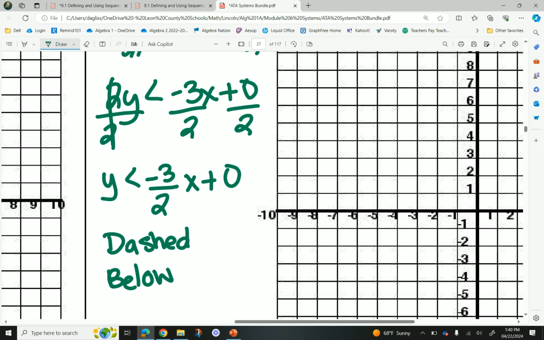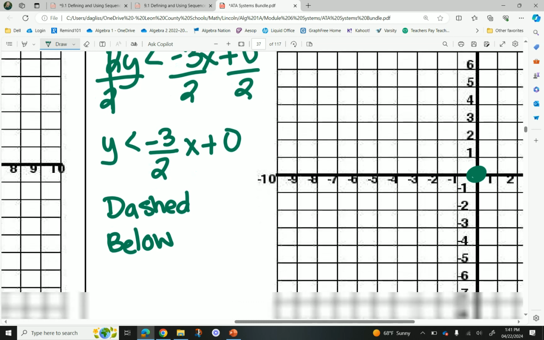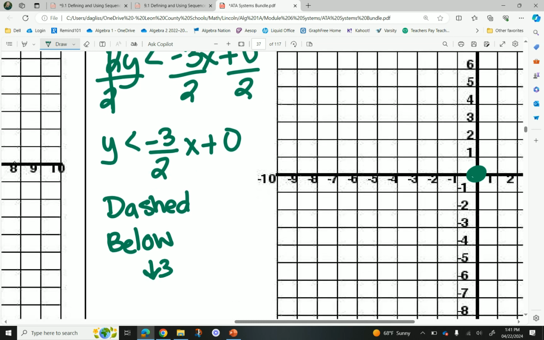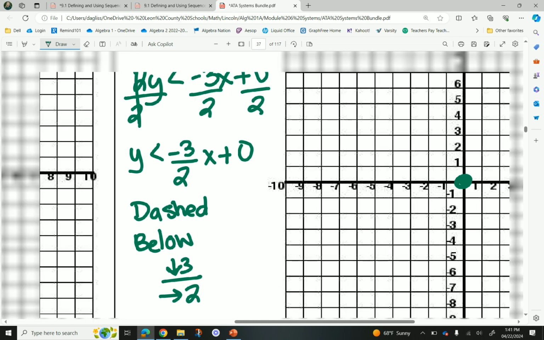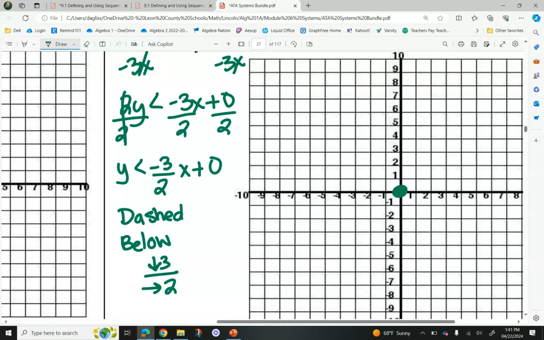All right. Where am I going to start this line? At the 0. Good. How am I going to move from here? Good. Down 3 and over 2. I'm going to zoom out a little bit so we can see the rest of my graph. Down 3 over 2. I could also go backwards by going up and back.